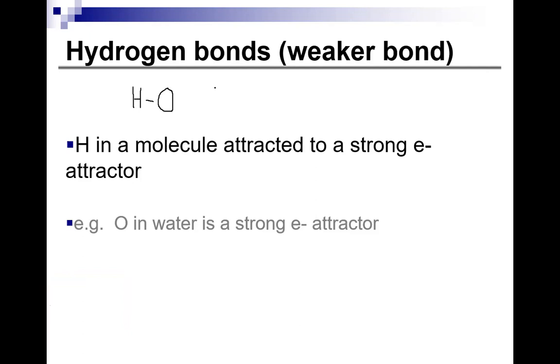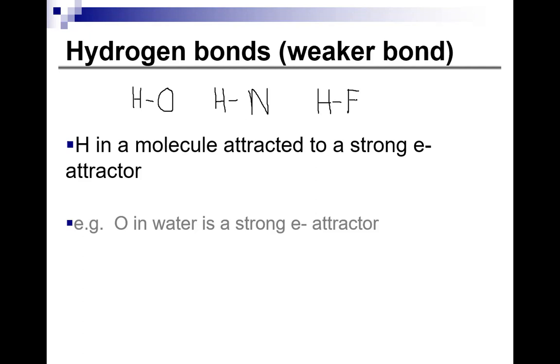You see it when you have hydrogen directly bonded to nitrogen. That's another combination there. Sorry about my not so great handwriting with the computer. And the third one is hydrogen directly bonded to fluorine.